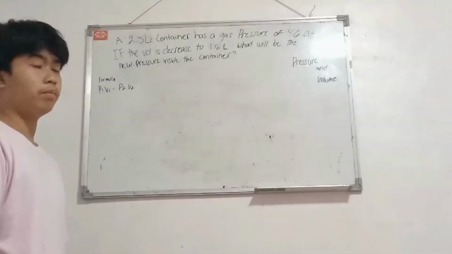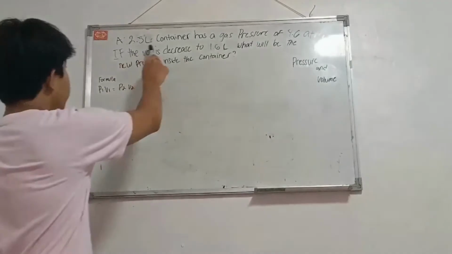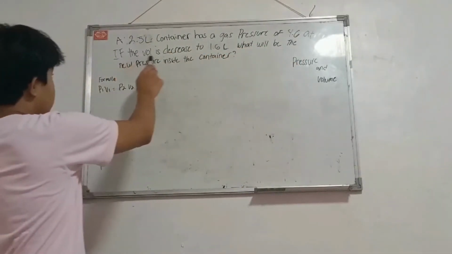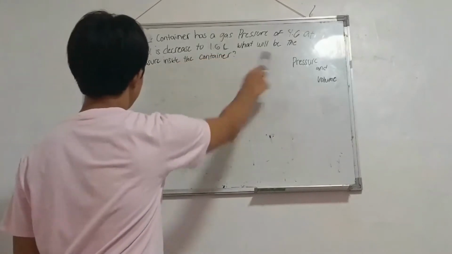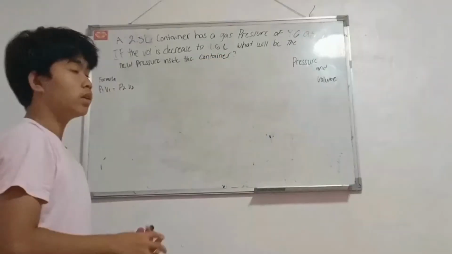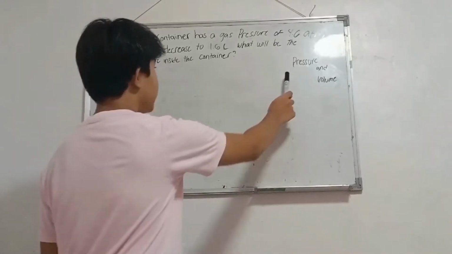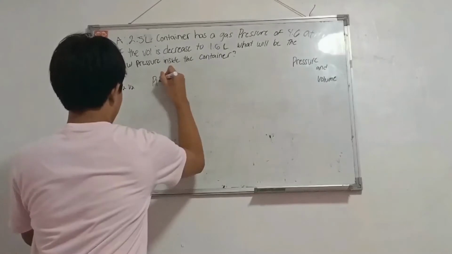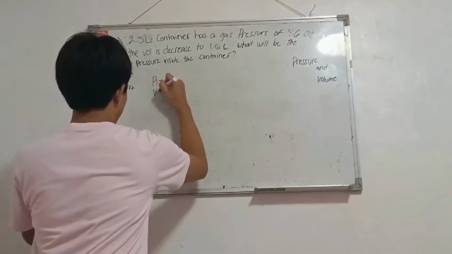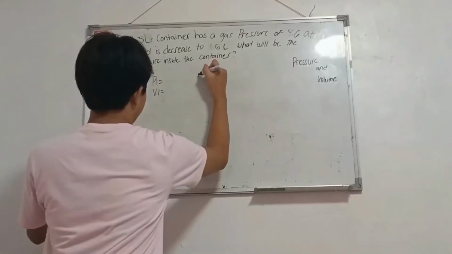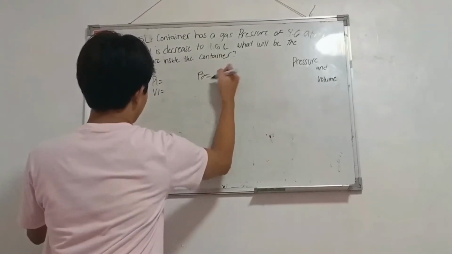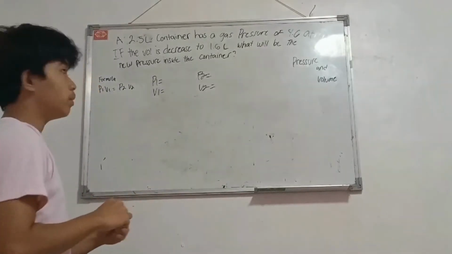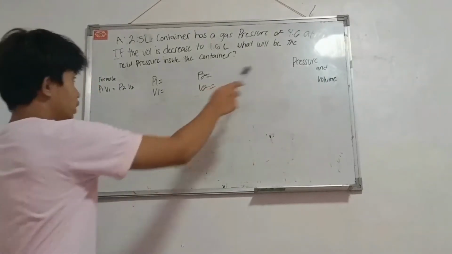So let's solve this given problem. A 2.5-liter container has a gas pressure of 4.6 atm. If the volume is decreased to 1.6 liters, what will be the new pressure inside the container? First, let's find the pressure and volume. For the pressure 1, we have 4.6 atm.